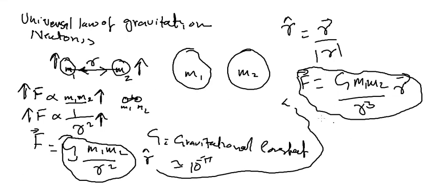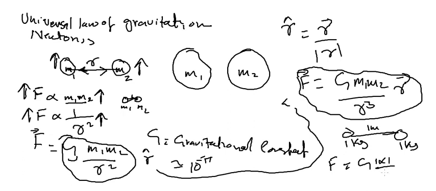Let's calculate the force between two masses. Let's say we have a 1 kg mass and another 1 kg mass, and they are a distance of 1 meter apart. So the force between them will be simply G times 1 divided by 1 squared.